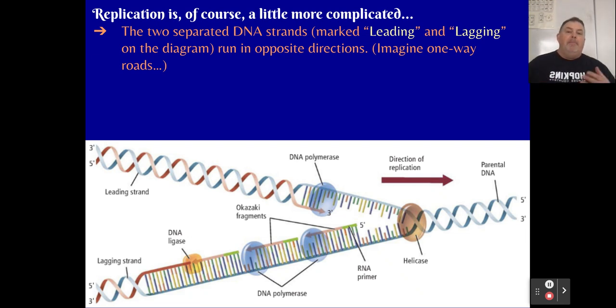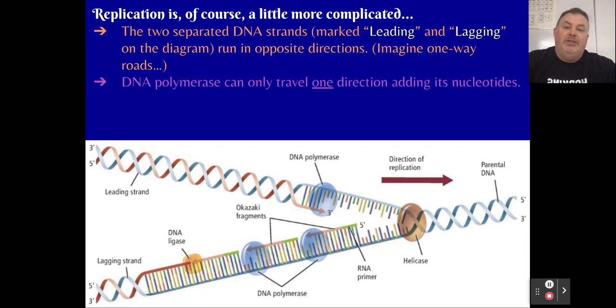And what that means is that they're copied in different directions. Imagine one-way roads where you have direction flowing one way and the other side is flowing the opposite way. One side is more fluid than the other side. And so we're going to associate some terms or some characteristics with the leading side and the lagging side.